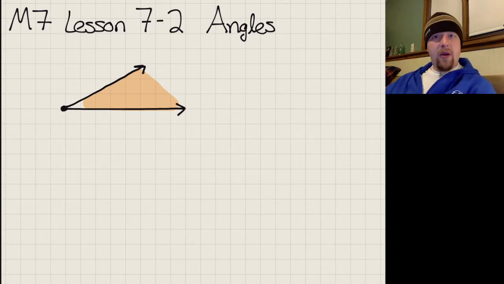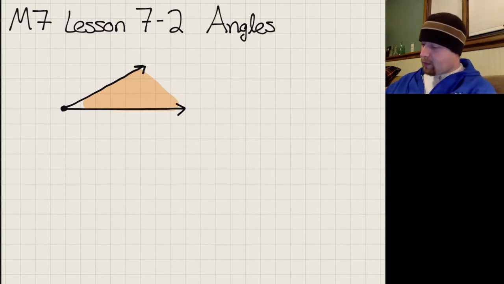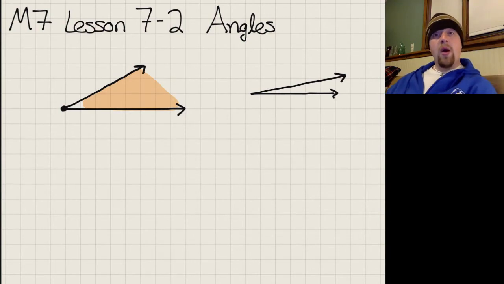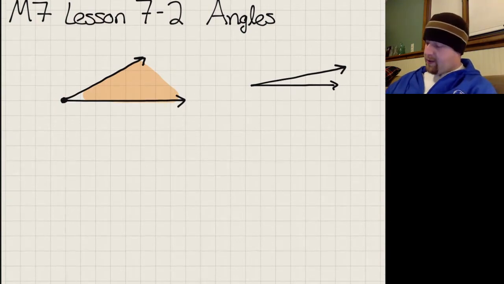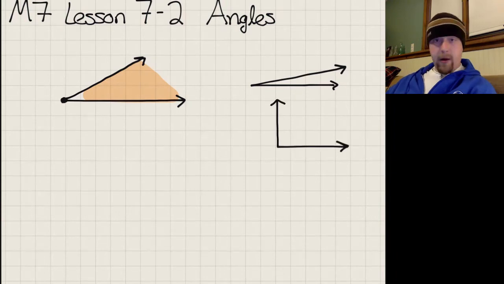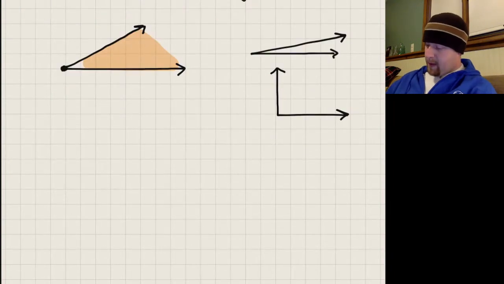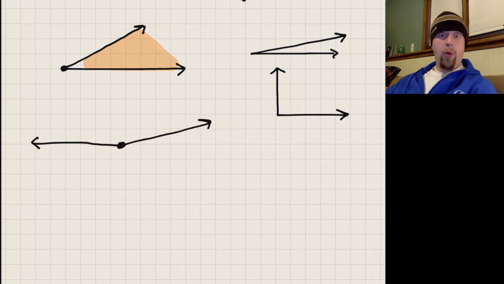Now, when we are looking at different angles, angles come in all different shapes and sizes. You might have angles that are real thin, or angles that are bigger, like this, or angles that are really open.